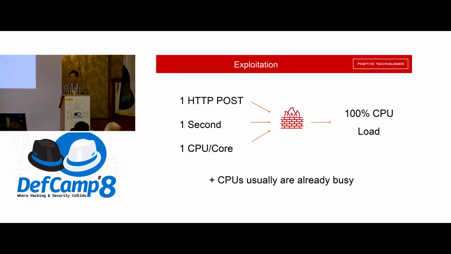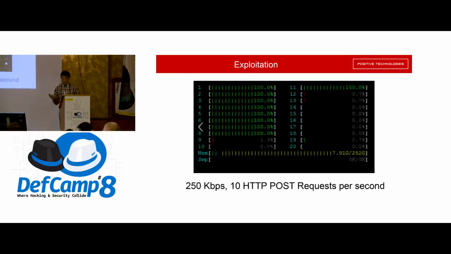So these values go even lower, so less than one packet, less than 200 kilobits. You see there, all 8 cores are 100% busy, and the 9th core is occupied by the TCP replay tool.